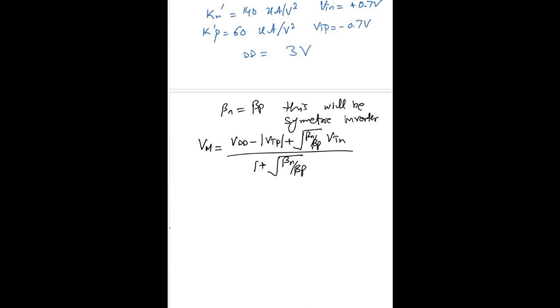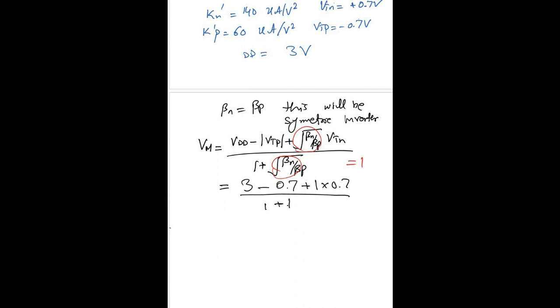In this example, these ratios are equal to 1. So VDD was equal to 3 minus, obviously, 0.7, plus 1 into 0.7, divided by 1 plus 1.